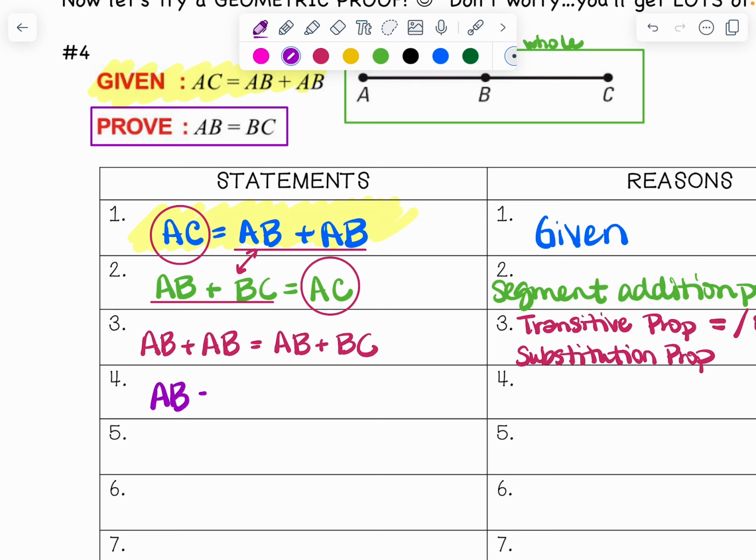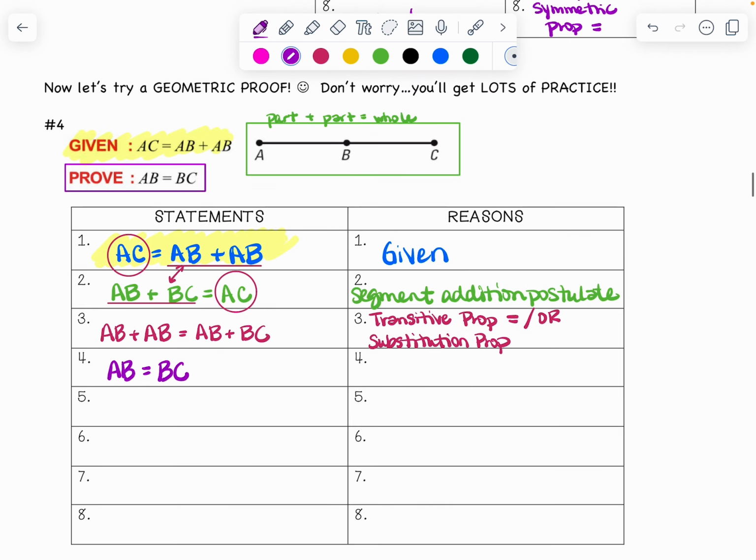We can subtract them away because they're the same term. So if I take the AB and subtract it from both sides using the subtraction property, then that is going to give me the proof statement that I want, and we are done. We didn't even need all 8 steps. We did all that in just 4 little steps.